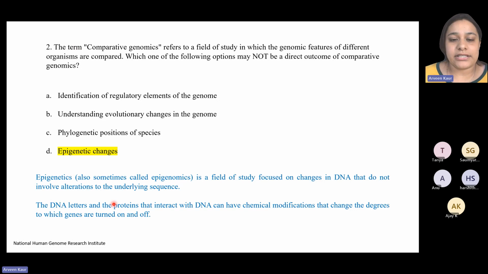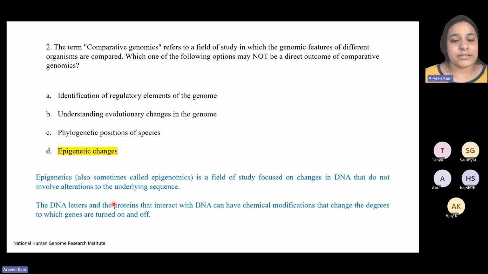But if this histone wraps DNA in such a way that it is not at all available to the replicating or transcription machinery to transcribe an mRNA or replicate, it will pose a different kind of scenario, right?